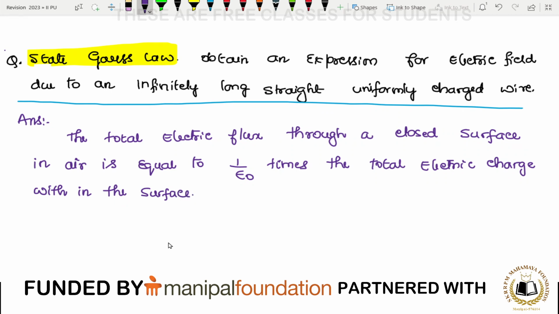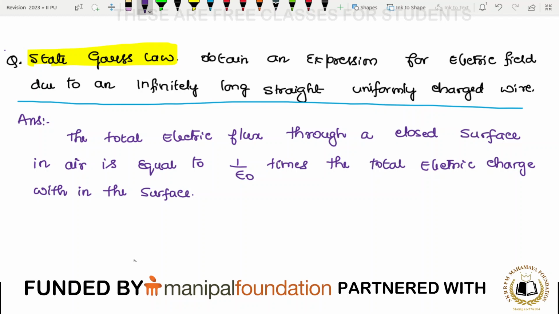Total electric flux through a closed surface in air is equal to 1 by epsilon naught times the total electric charge within the surface.